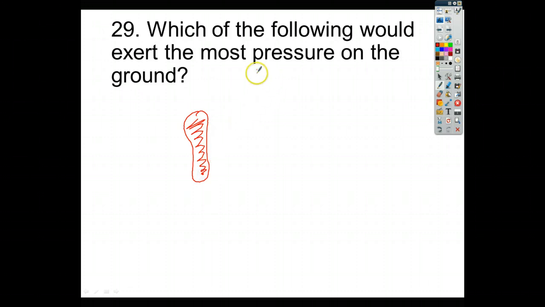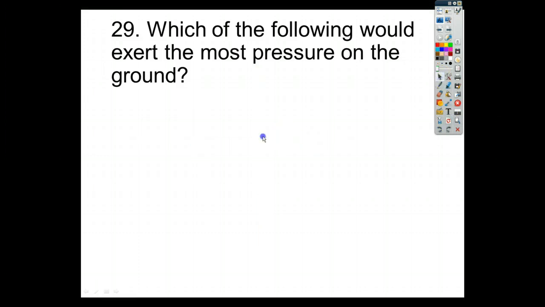If she's standing on skis, that would also have a lot of area. It's just a little bit longer. But if she was standing in high heels, you'd just have a little point. And that would hurt if she stomped on you. If she stomped on you in skis, it wouldn't be too bad, and with running shoes, it'd be a little bit worse than skis probably. But if she stomped on you with that pointed heel, that would not be fun.